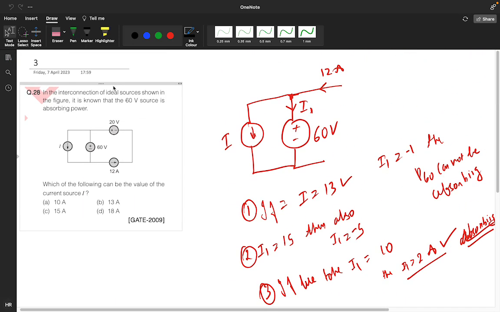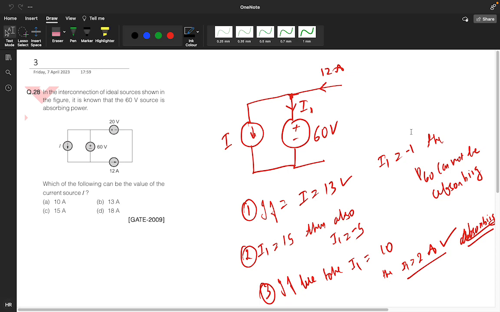And this is the 28th question. It is known that the 60 volt source is absorbing power. Absorbing means the current will come inside the positive terminal. So this 12 ampere current is coming. If the value of I is 13, the value of I1 will be minus 1.